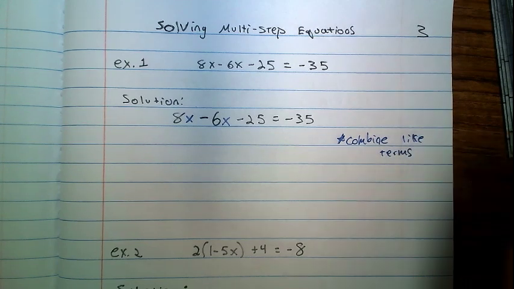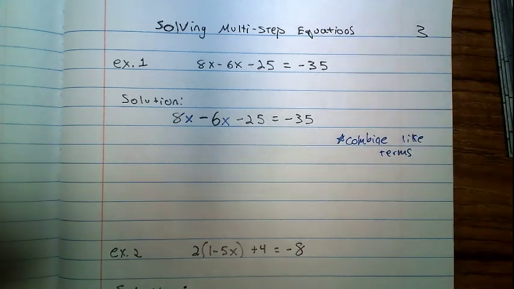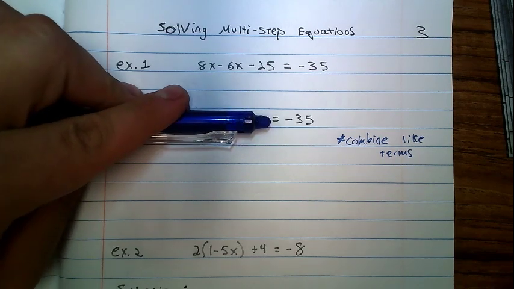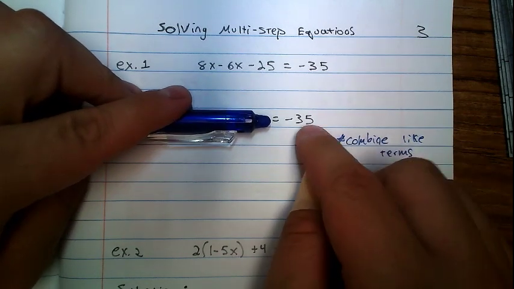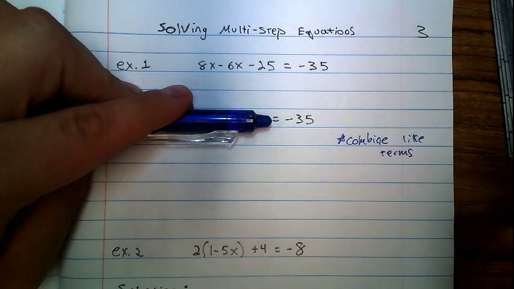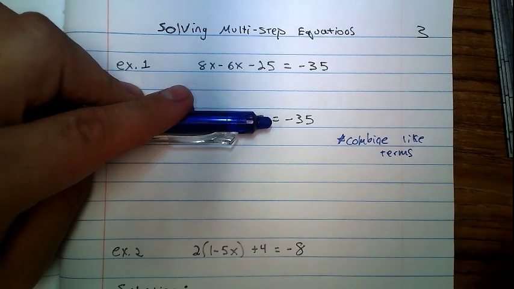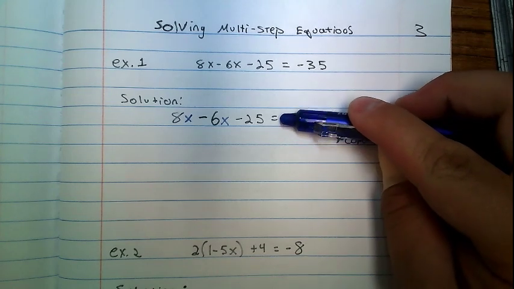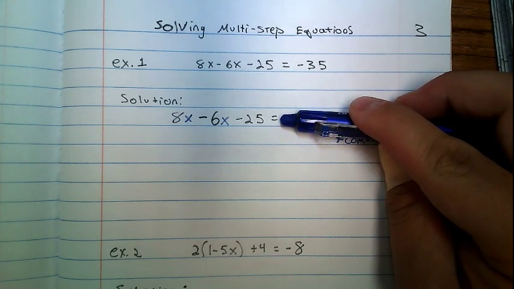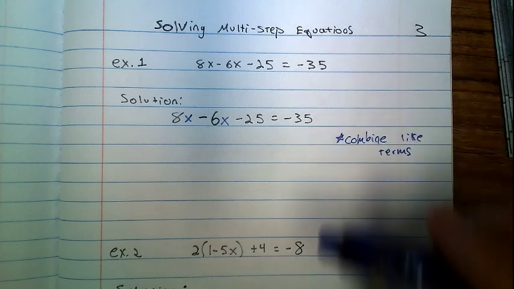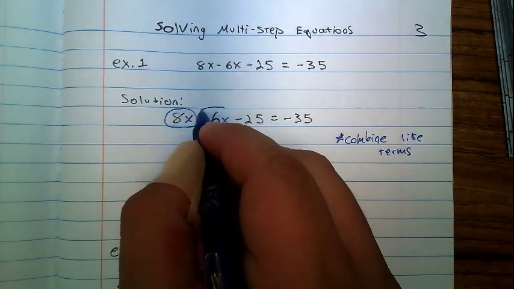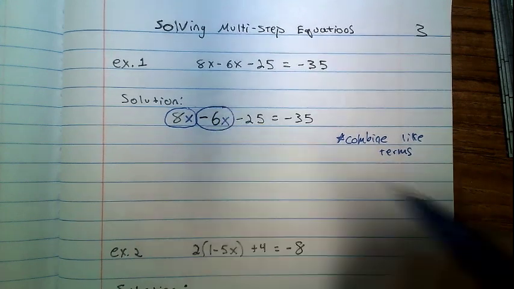Let's take a look. I don't have any like terms on the right side. It's just negative 35. There's nothing else over there. If this was like negative 35 plus 8, then I could combine them, but I can't. Over here on the left side, I have 8x minus 6x minus 25. So right away I have two terms that I can combine: 8x and the negative 6x.